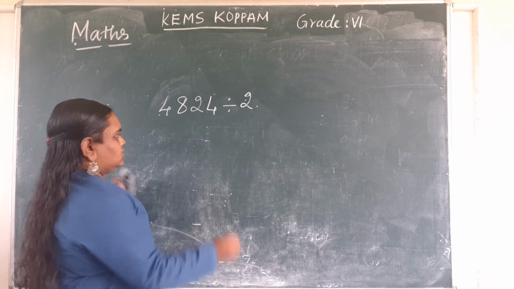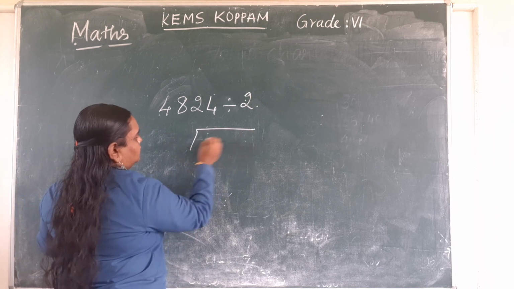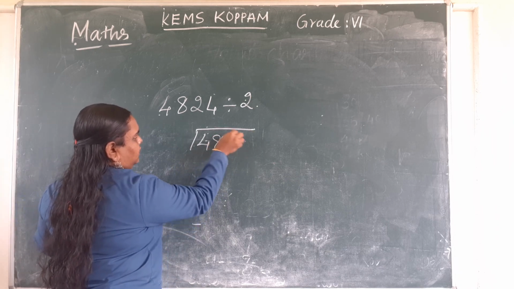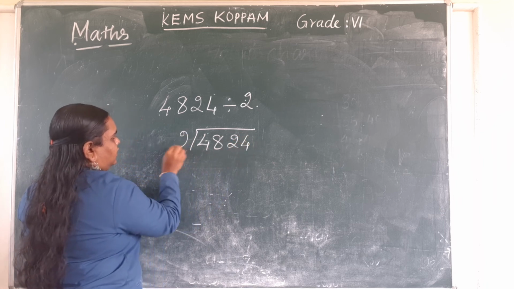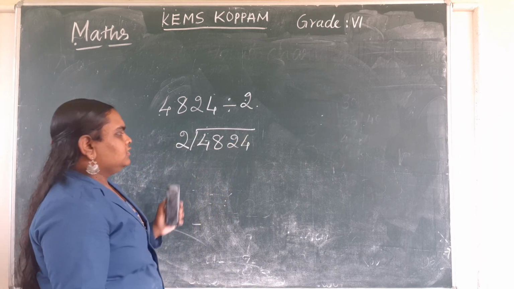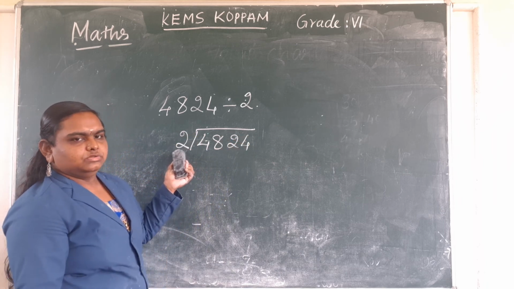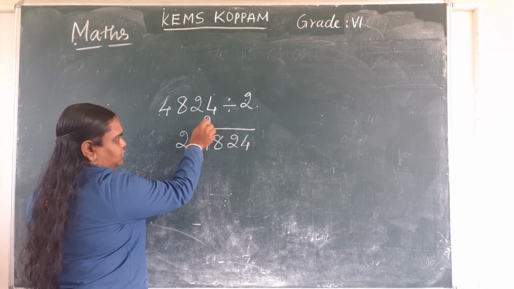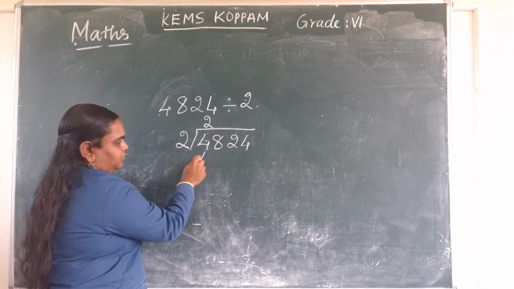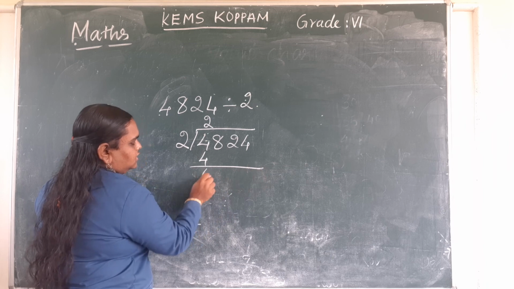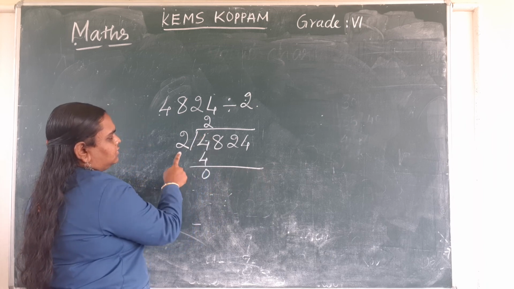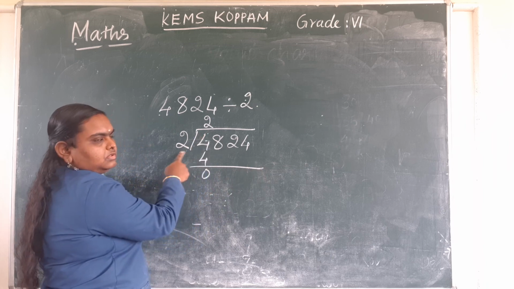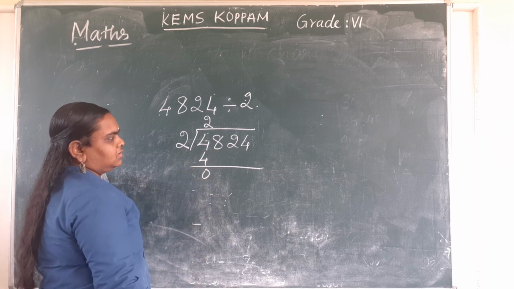Okay, this is the question. So first, 4824 divided by 2. So first one is 2. So 2 twos are 4, 0. Then 8.